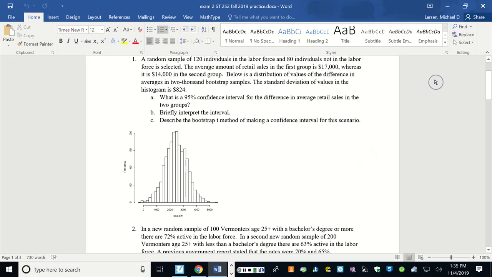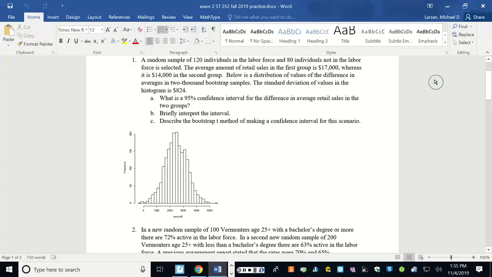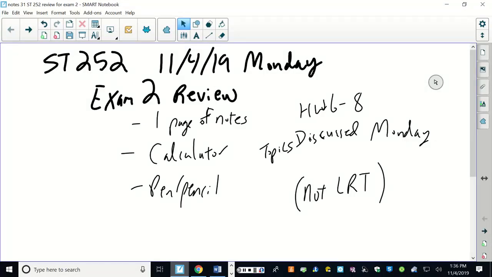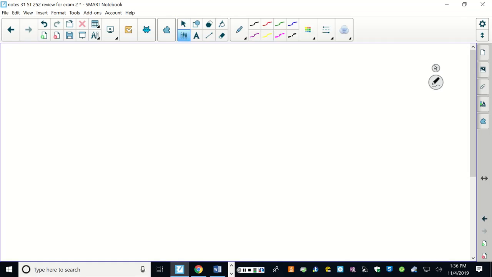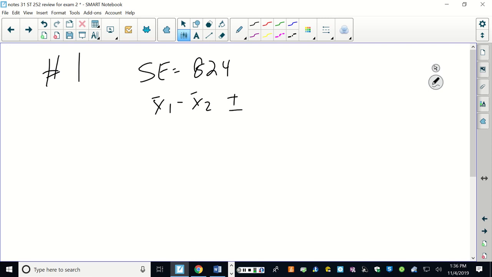If it tells you that the standard deviation of the values that went into this is 824, so in number 1, the standard error of these is 824, from the bootstrap. So if you took x bar 1 minus x bar 2 plus or minus some t value times the standard error, it should give you a pretty good interval.